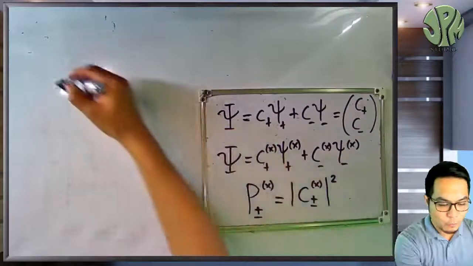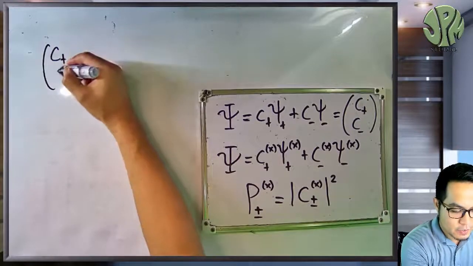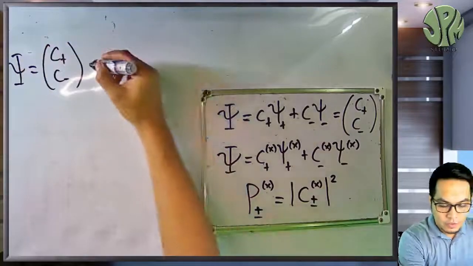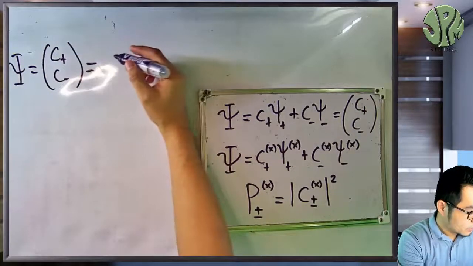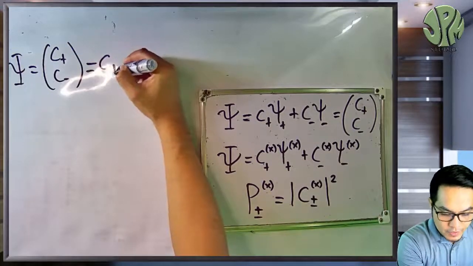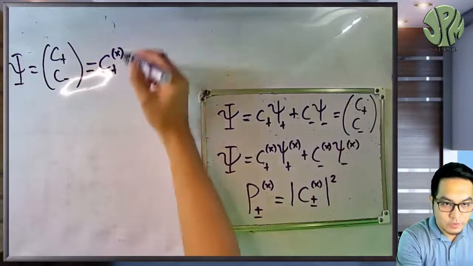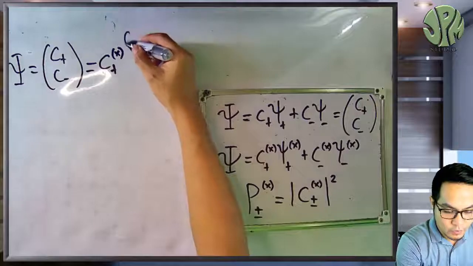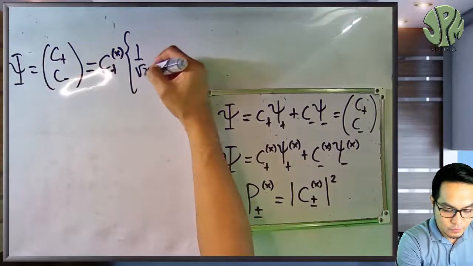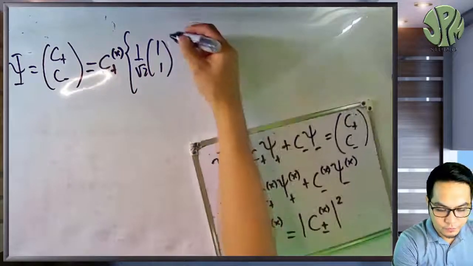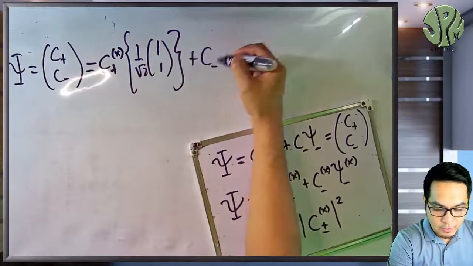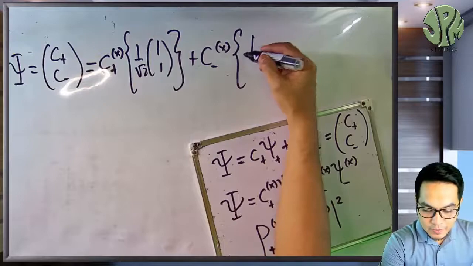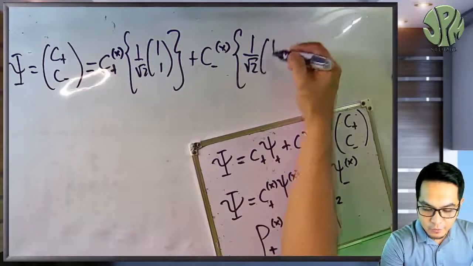So we will equate the general state, which is C plus, C minus, to C plus x, which is still unknown, times the wave function we already know, 1 over square root of 2, 1, 1, plus C minus x, which is unknown, times psi minus, the spin down for Sx, which is 1, negative 1.